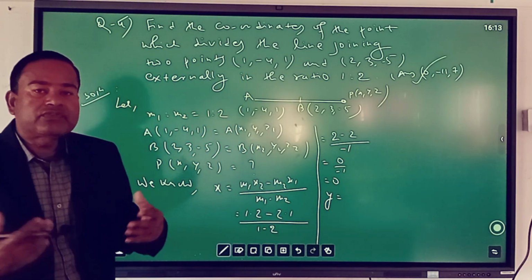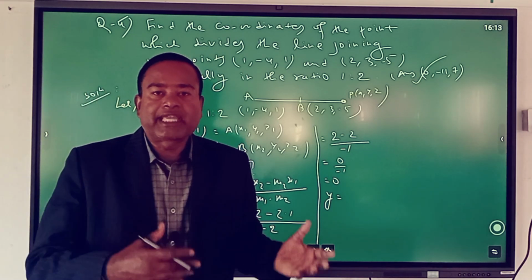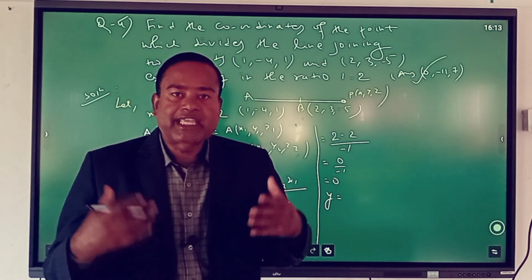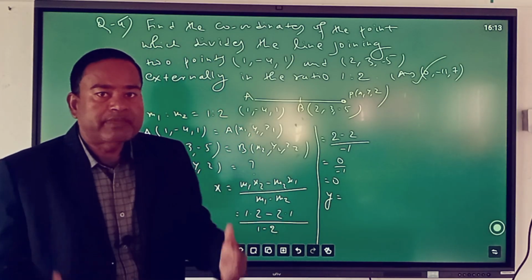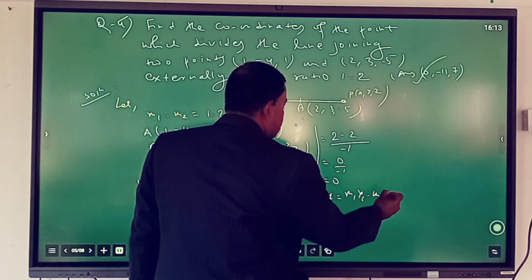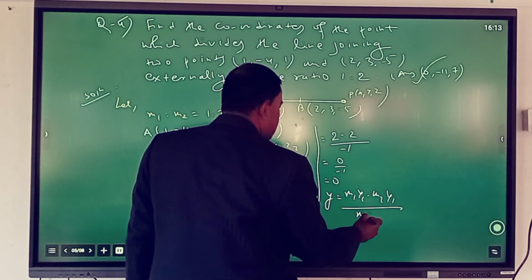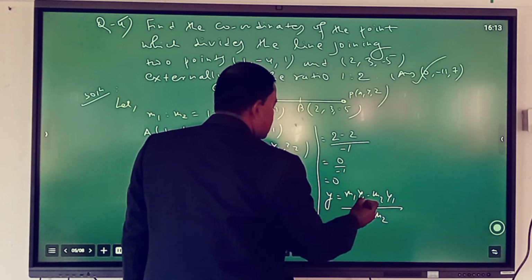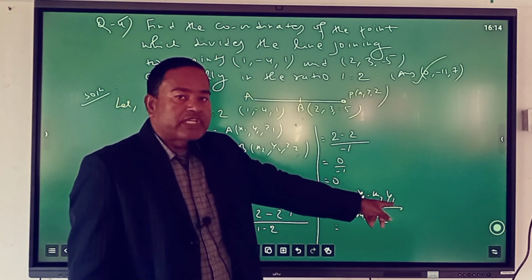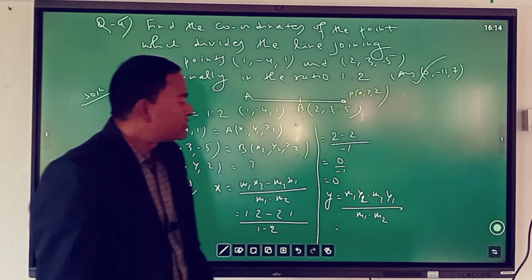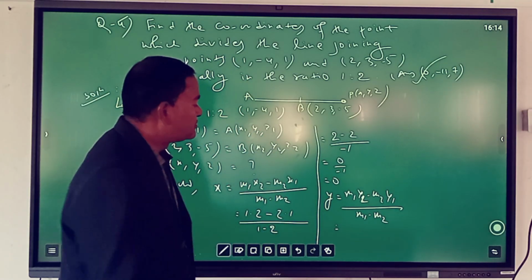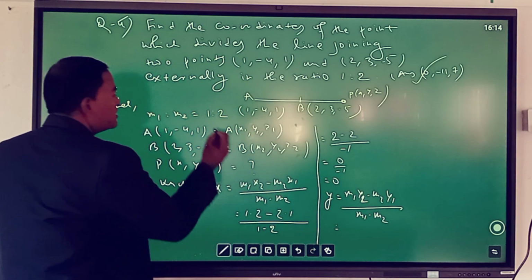We know according to the section formula of external division, y is equal to (m1 y2 minus m2 y1) divided by (m1 minus m2). Let's substitute the corresponding values.